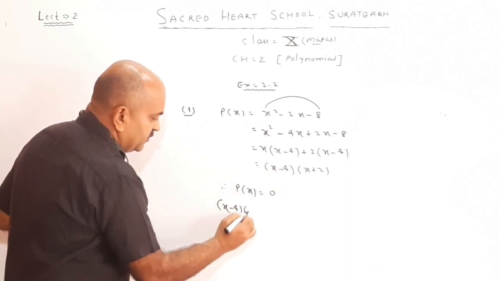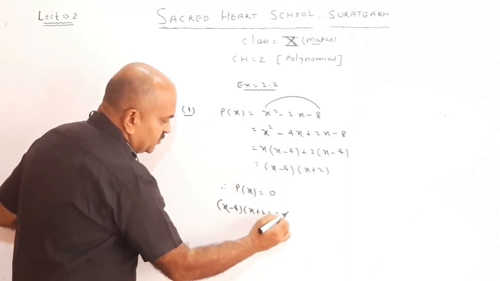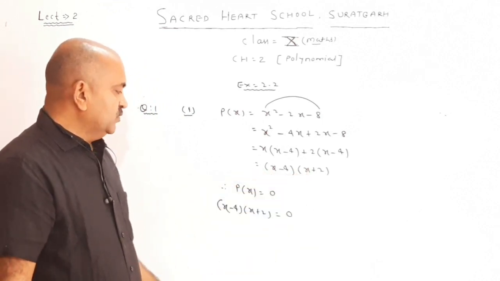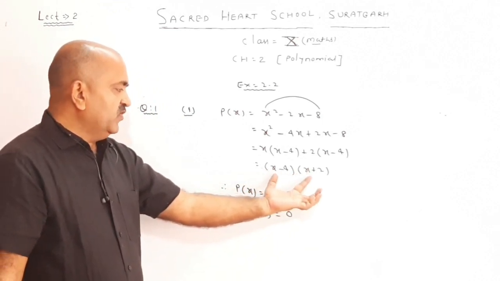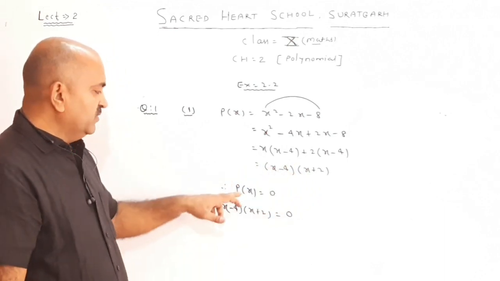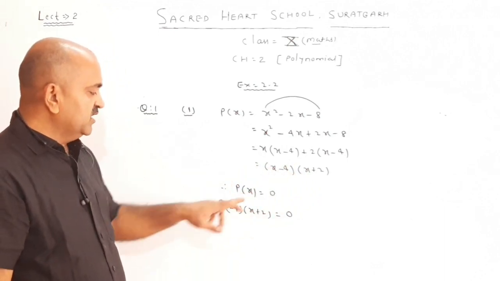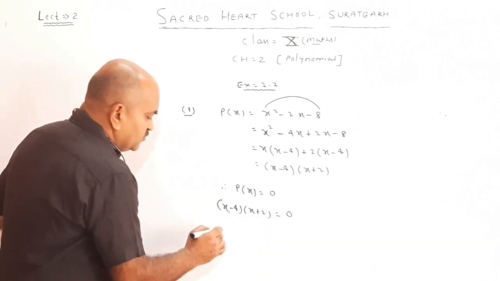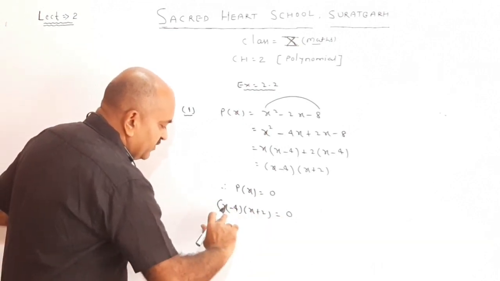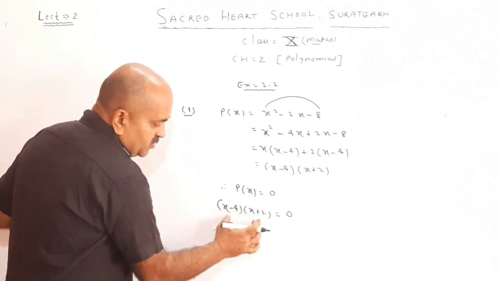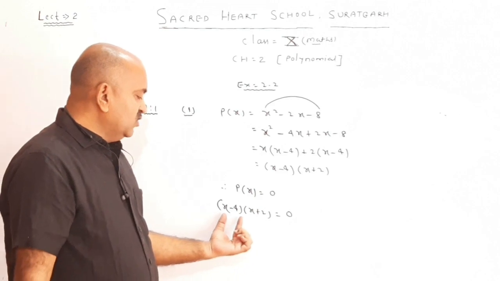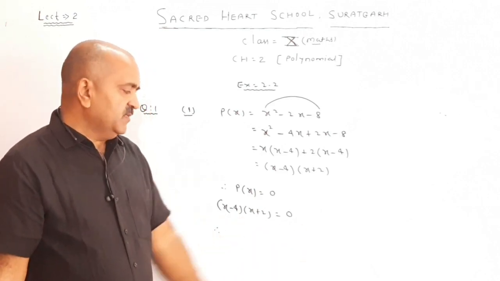X minus 4, x plus 2 equals 0. Because this is the value of p of x, and if we find the zeros of the polynomial, then we take this value equal to 0. It means x minus 4, x plus 2 equals 0. Now students, because the product of these two factors is 0, either x minus 4 equals 0 or x plus 2 equals 0.